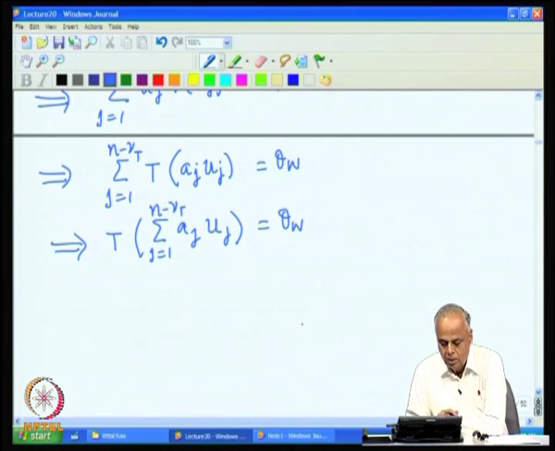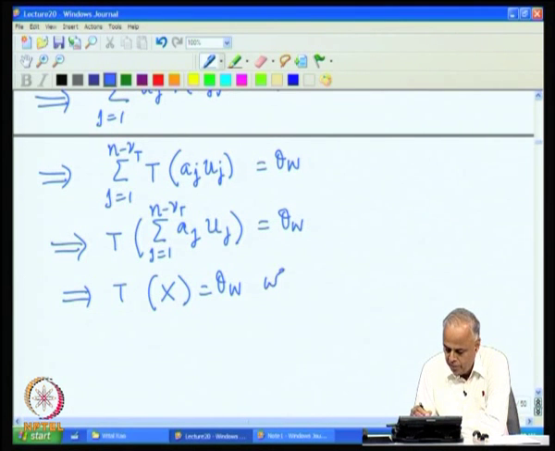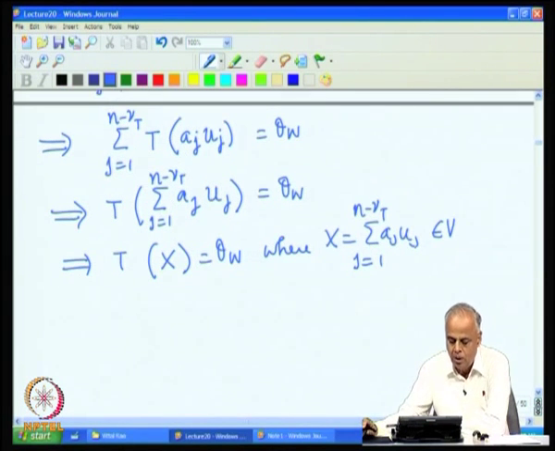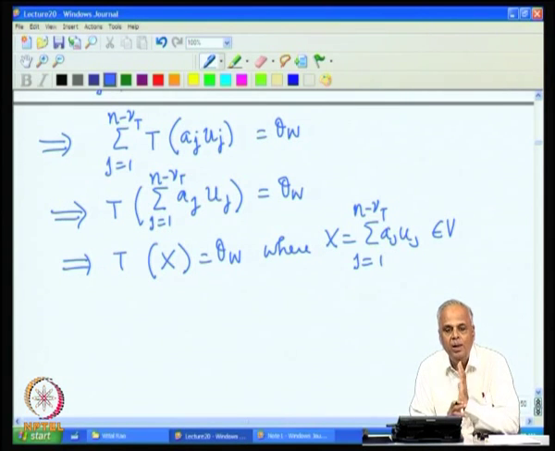Now, u1, u2, all these vectors are in V, and therefore, any combination of them will also be in V. So, let us call that whole thing inside as some x, where x is equal to summation j equal to 1 to n minus nu t A j U j, a vector in V. So, x is a vector in V and it gets mapped to the 0 vector.